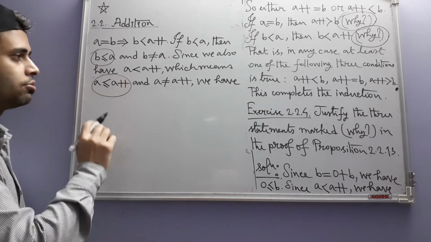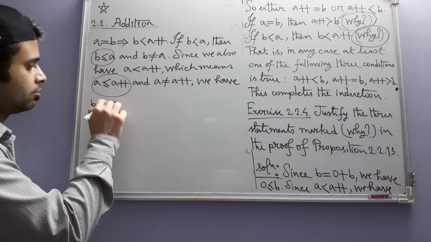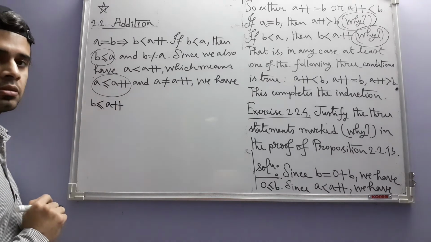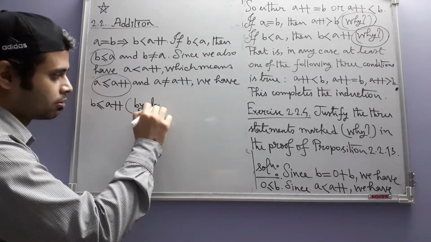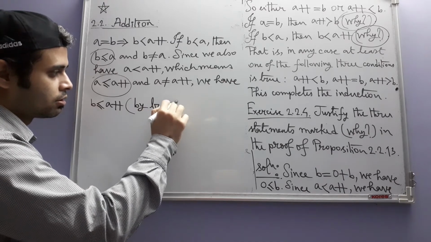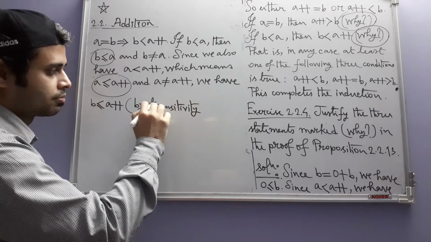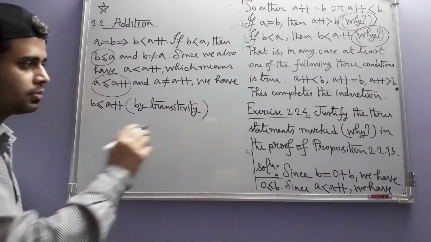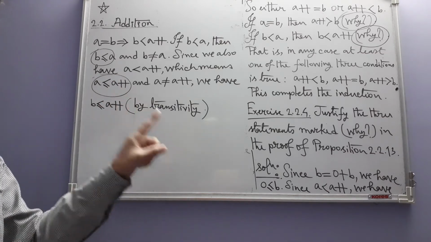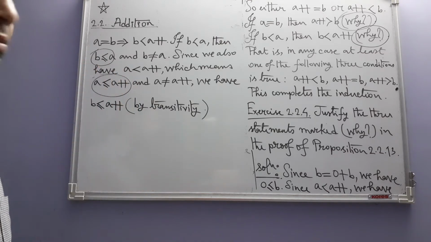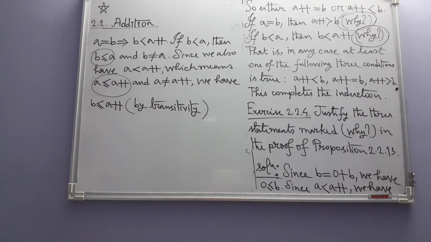Using these two, we can write b is less than or equal to a plus plus. Why? By transitivity. It's one of the proposition 2.12 part B. Okay, it's because of that we are able to write this.